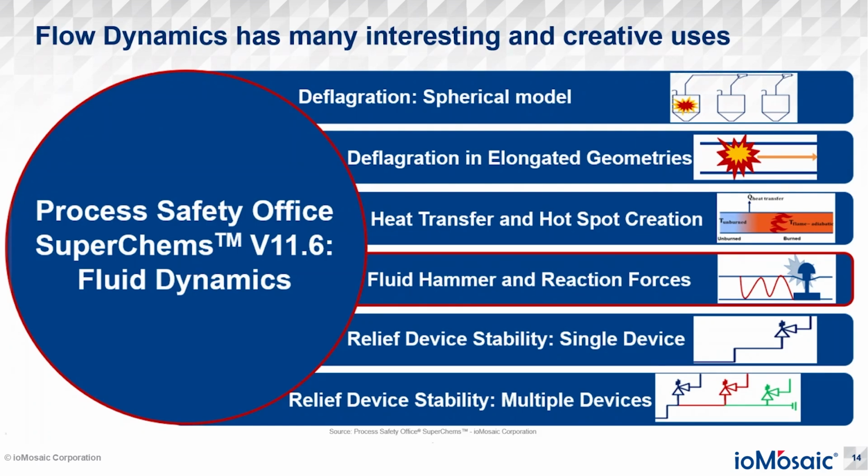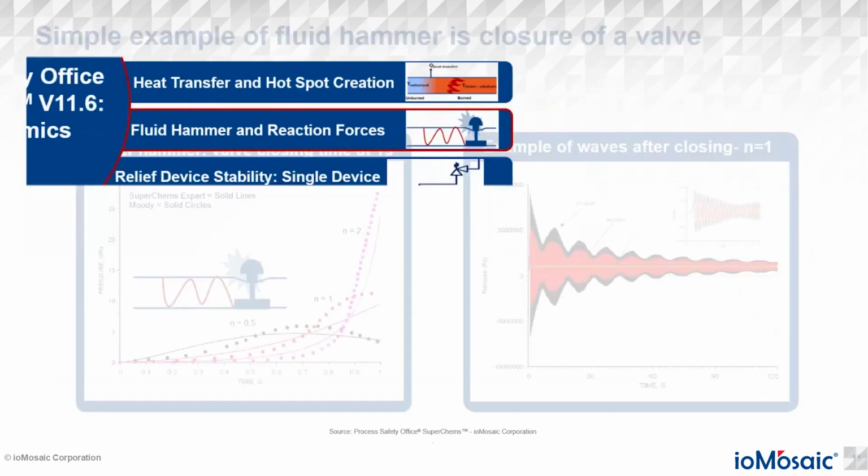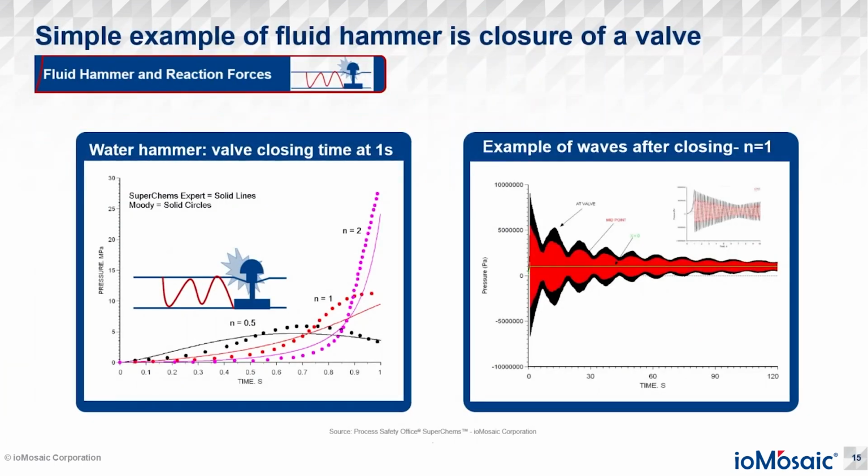For me, a simple example of how you can use 1D dynamics is in the case of fluid hammer, sudden spikes in pressure, and looking at those pressure waves. This example was published in part 1 of the 5-part series that George wrote about PSV stability.